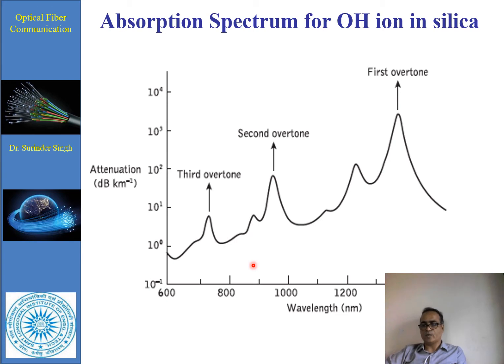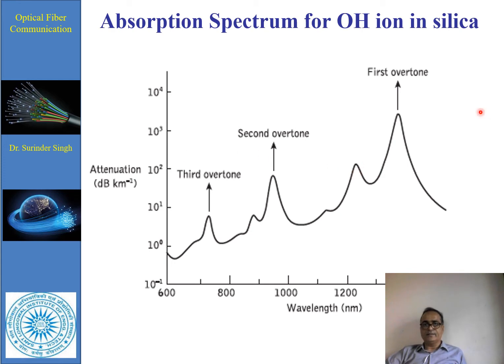These are the overtones. At longer wavelength, the first overtone occurs at 1380 nanometer, and its side band forms at 1240 nanometer.